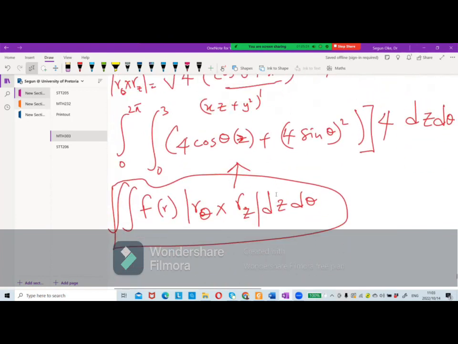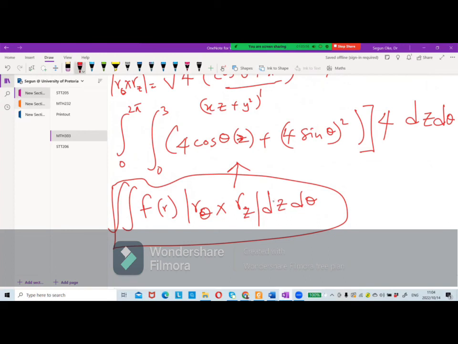And that is a double integral. Double integral means you integrate the first one and you hold the other constant. That's all, there's nothing big there. Let's integrate with respect to z.